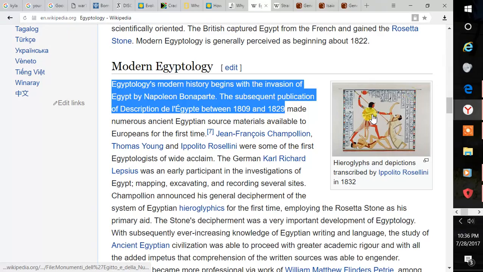If you can see here, it says modern Egyptology started between 1809 and 1829. Why was that important? Because like I said, the world was black. We know the Egyptians were black, even though they tried to paint them white. So Egyptology was for the purpose of whitewashing the images of Egypt.